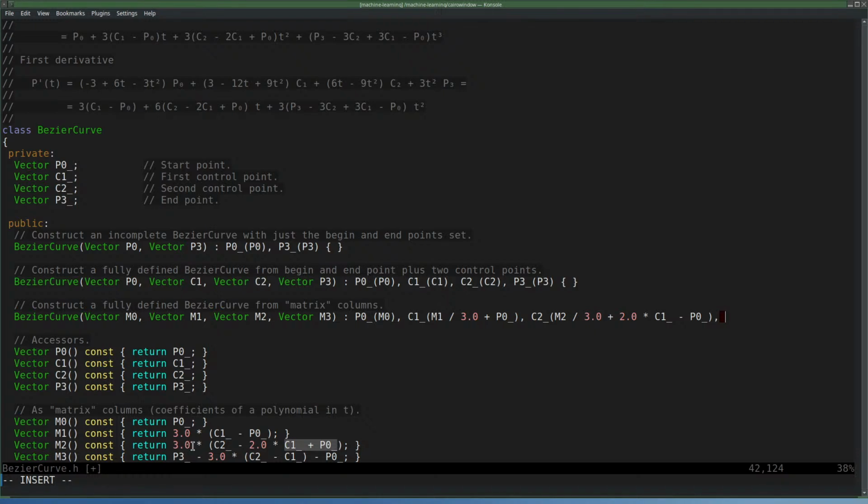M2 divided by 3 plus 2 times C1 minus P0. Yeah. And then here we have the last one.